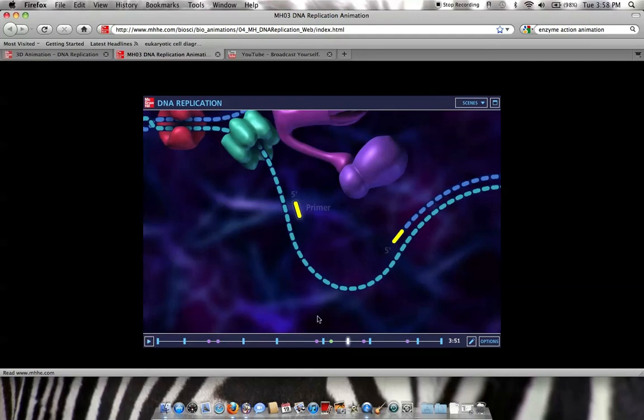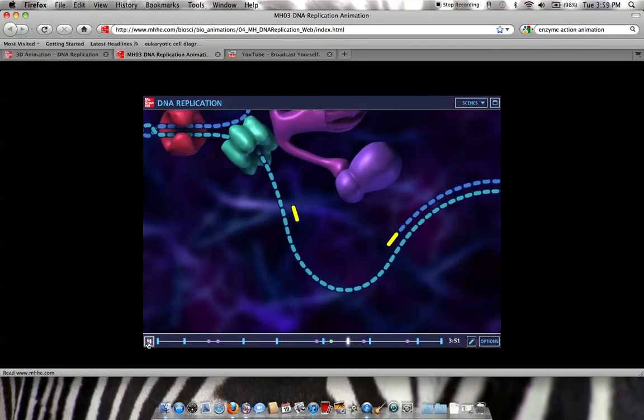That is needed to attract the DNA polymerase, which then attracts the DNA nucleotides to make the daughter strand.